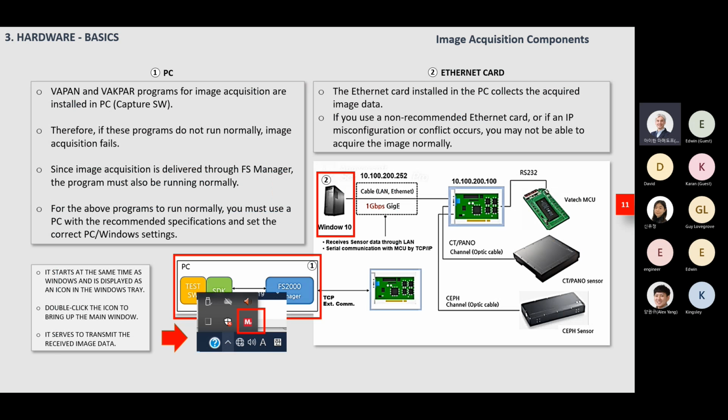Also, in case of the Ethernet card, there is an Ethernet card installed in the PC. It acquires the image data. So if you use some kind of Ethernet card that is not recommended by VATECH, or if during the installation the configuration of IP was wrong, for example, incorrect configuration, a conflict may occur and the customer will not be able to acquire image normally.